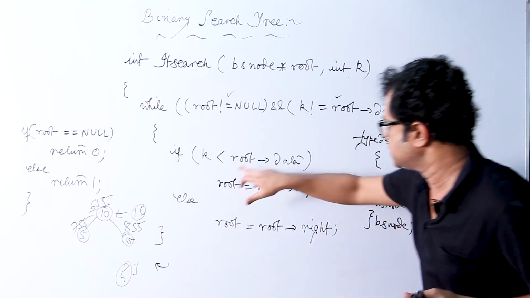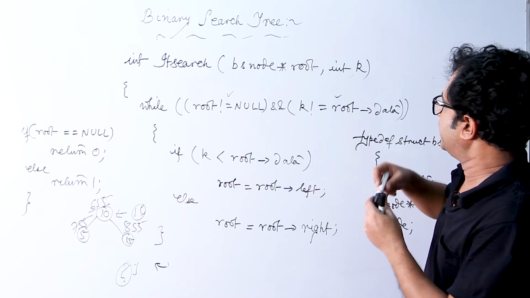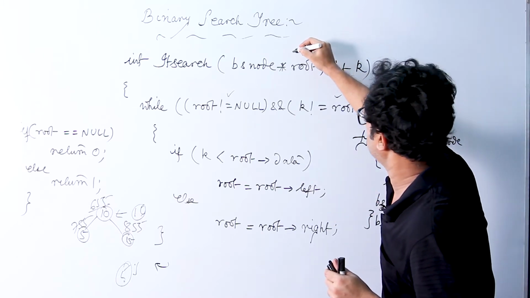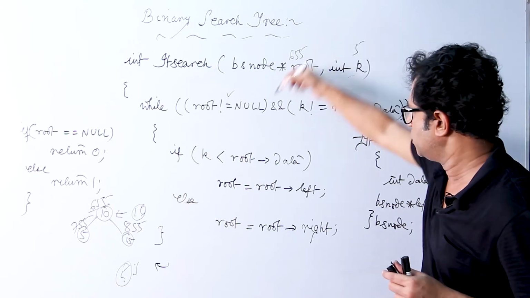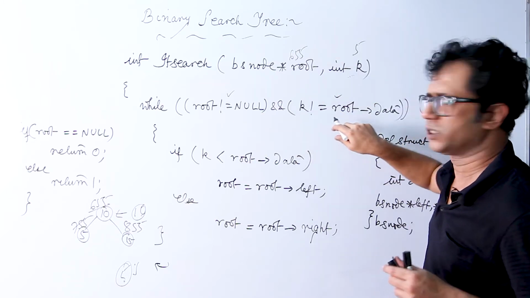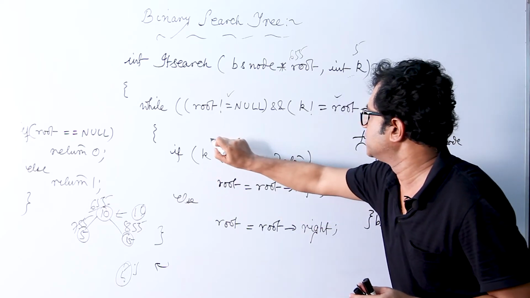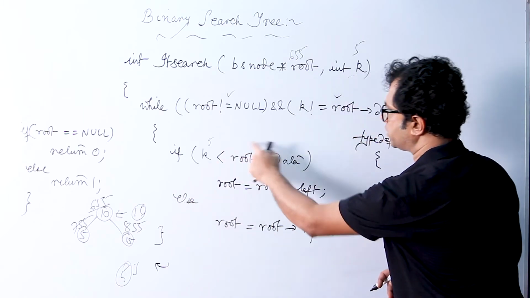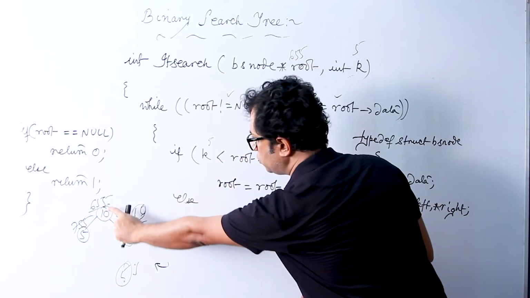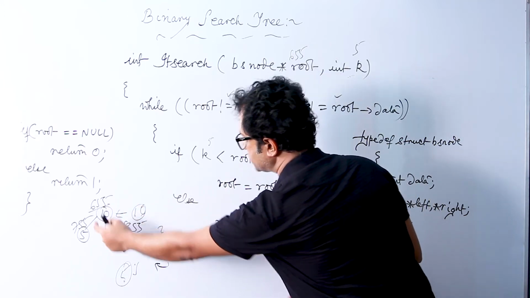In this case, we enter the algorithm with the 655 address and k value as 5. We enter, since these two conditions hold. Here k is 5 and root data is 655 arrow data, which is nothing but 10.